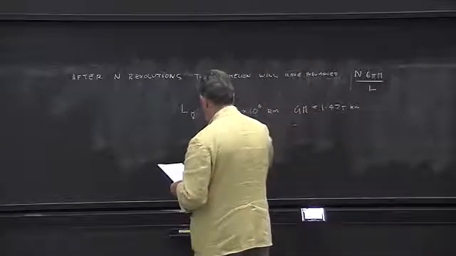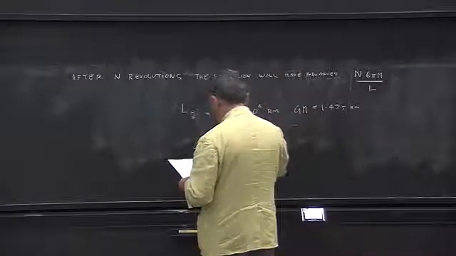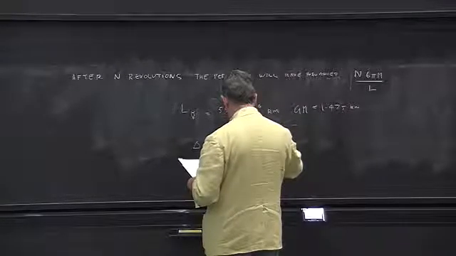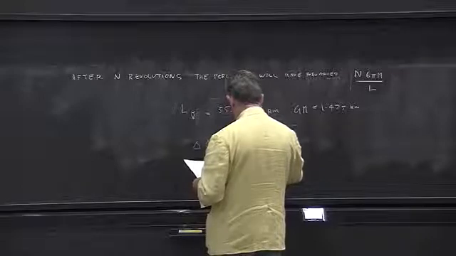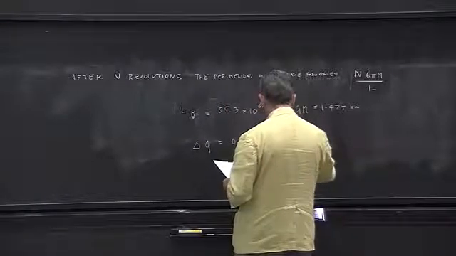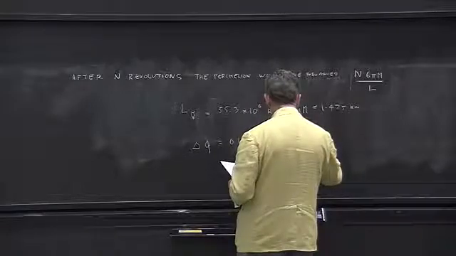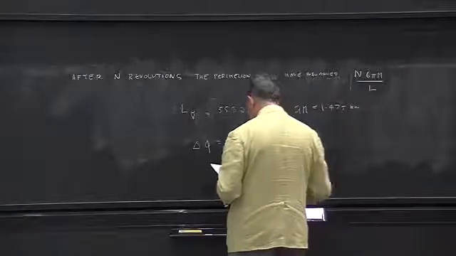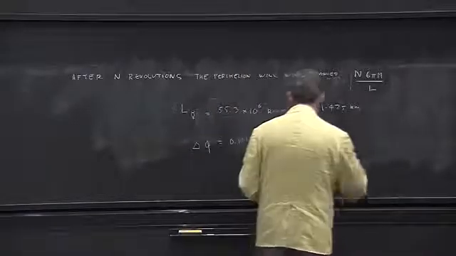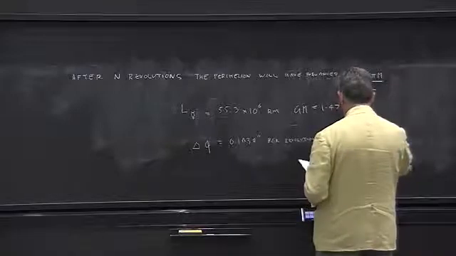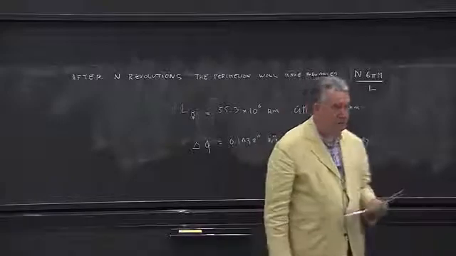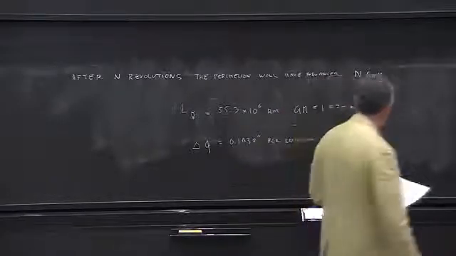So delta phi is 0.1038 seconds of arc per revolution. And Mercury, as I'm sure you all know, makes 415 revolutions per century.